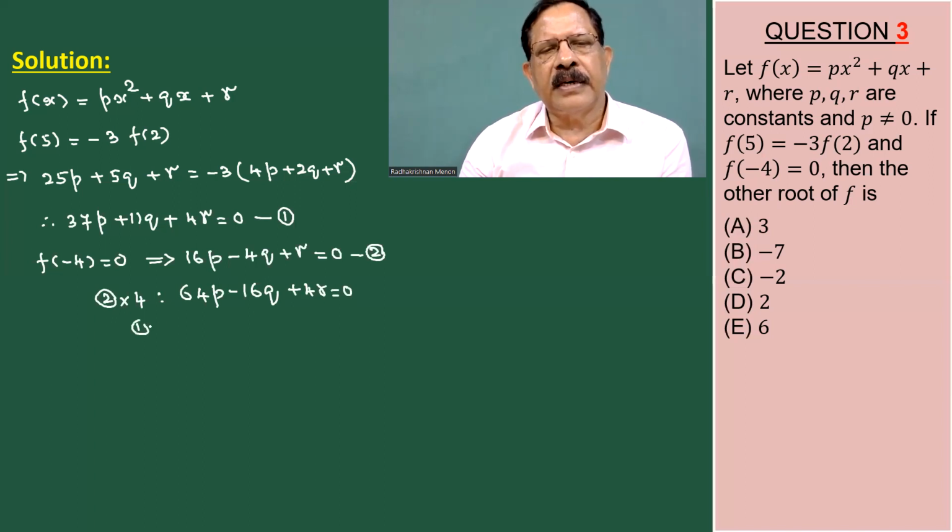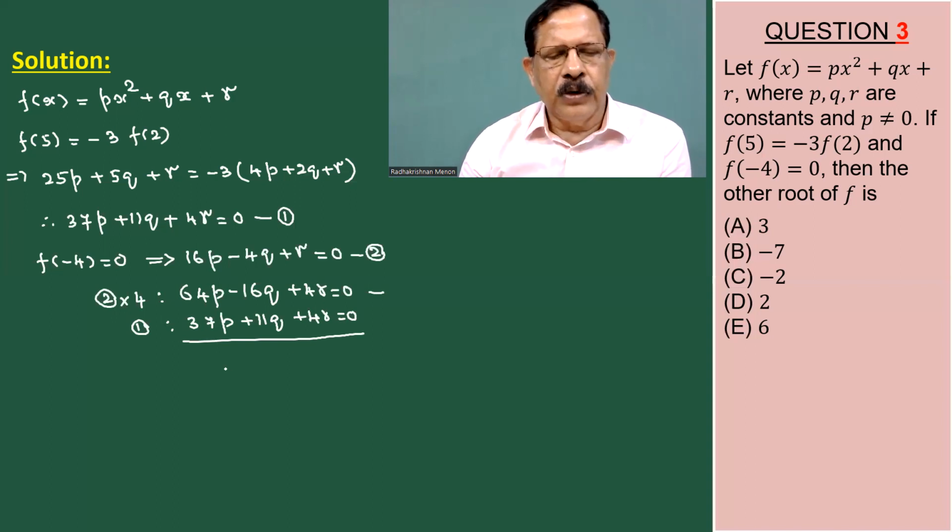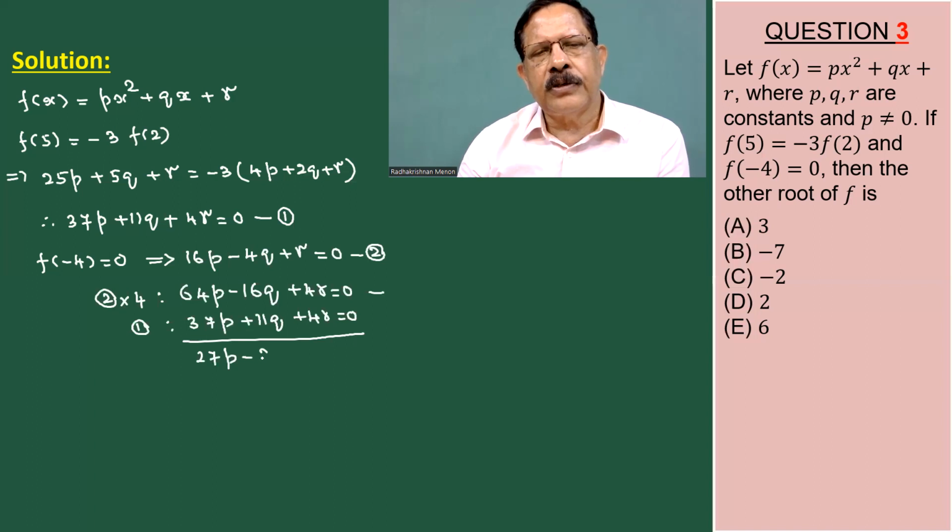Now equation 1, 37p plus 11q plus 4r equal to 0. You subtract, you will be getting 27p minus 27q equal to 0, which implies p equal to q.